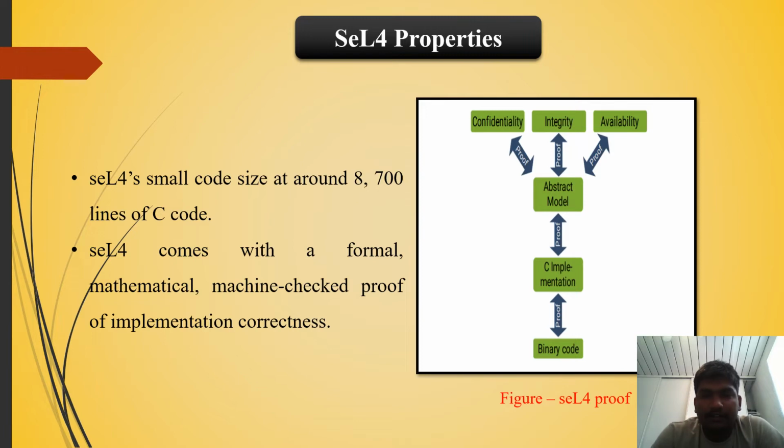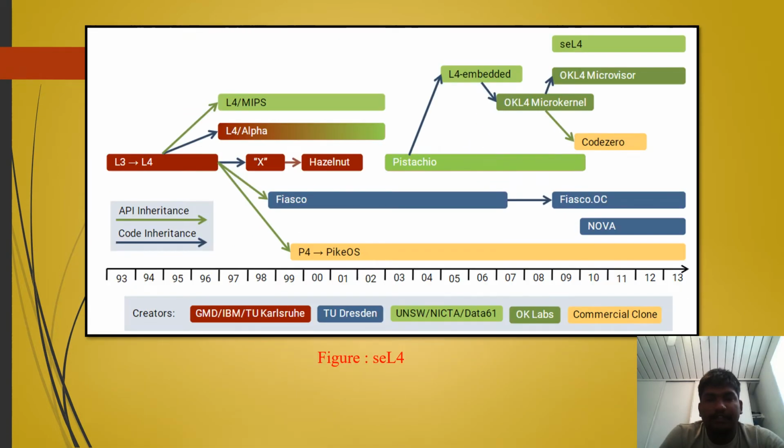And in this slide you can see the image for the SCL4 proof. In this image we can see how SCL4 was developed. The L3 and L4 are the second generation microkernels. By using them, developers have developed different microkernels and they have used different processors.